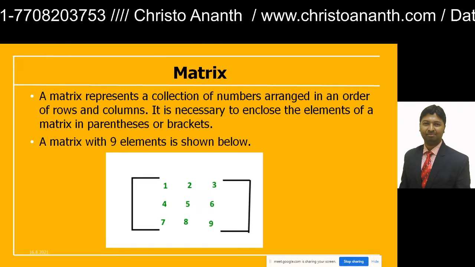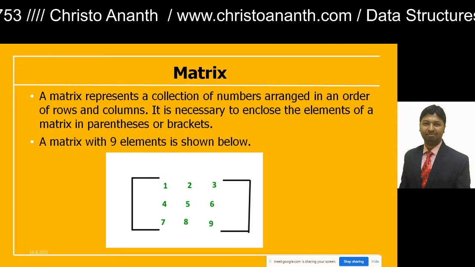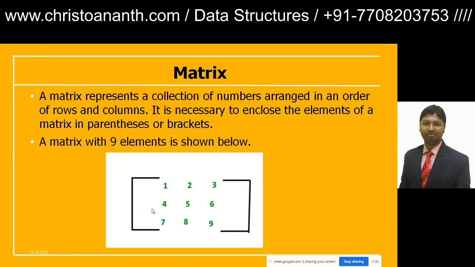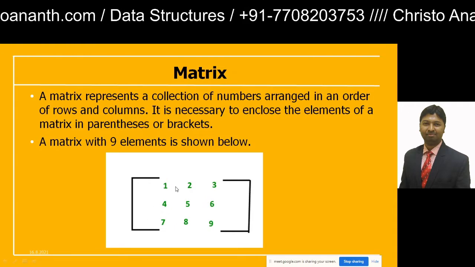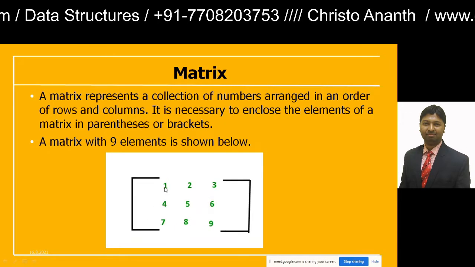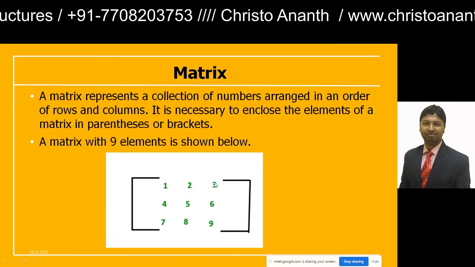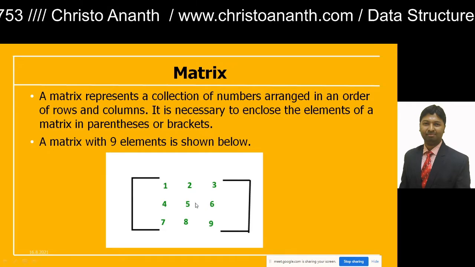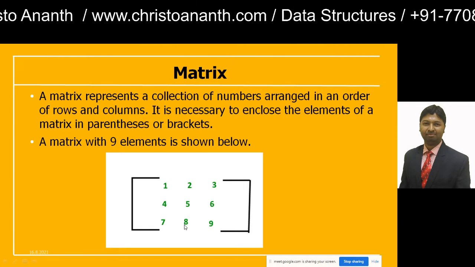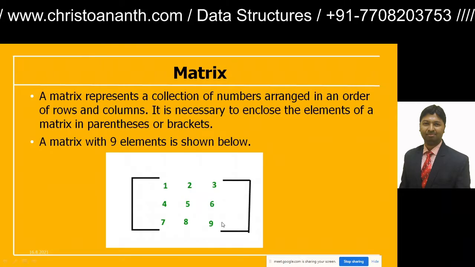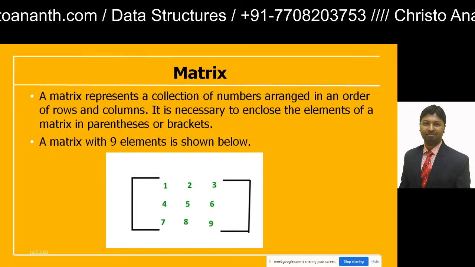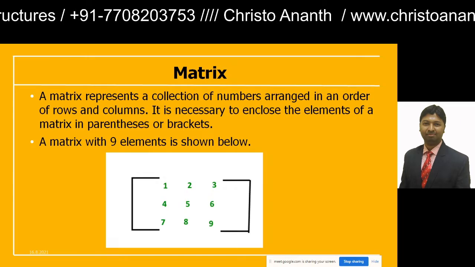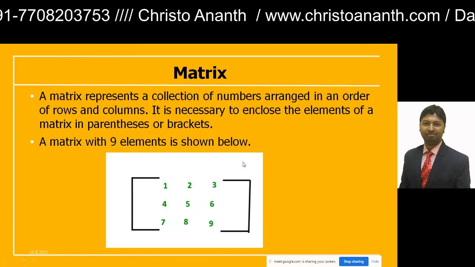So we have a matrix with 9 elements, 1, 2, 3, 4, 5, 6, 7, 8, 9, arranged in row 1, row 2, row 3 and column 1, column 2, column 3, like A of 0, A of 1, A of 2, B of 0, B of 1, B of 2, C of 0, C of 1, C of 2. You can designate it whichever way you want, and it represents a collection of numbers in a set of rows or columns.